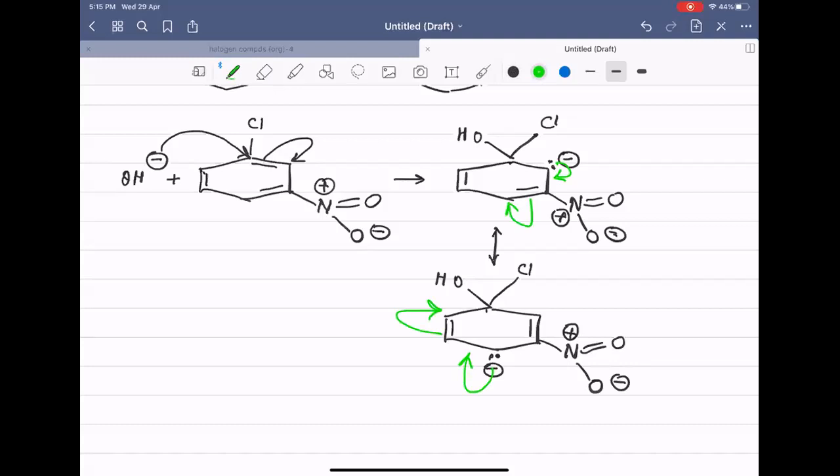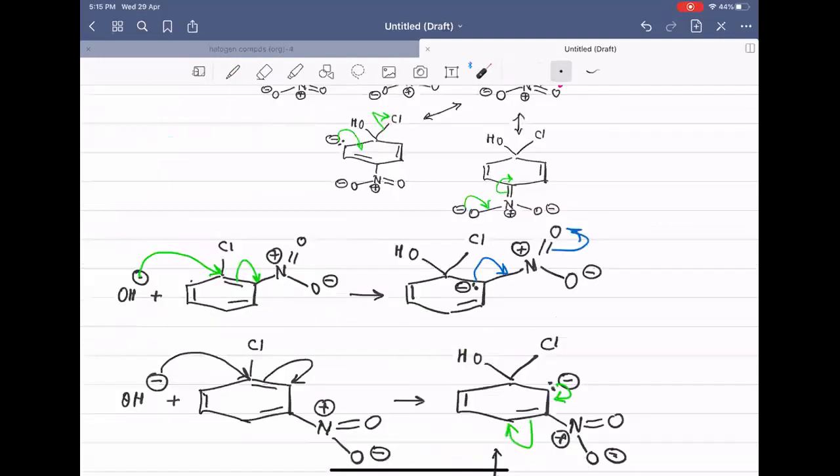Now here, you never have your lone pair settled in meta position. And because it doesn't settle in meta position, there is no possibility of lone pair going out due to nitro group. See, in ortho position, the lone pair is able to move out due to nitro group because lone pair and pi bond of nitro group are conjugated. Lone pair gets settled exactly in ortho position.